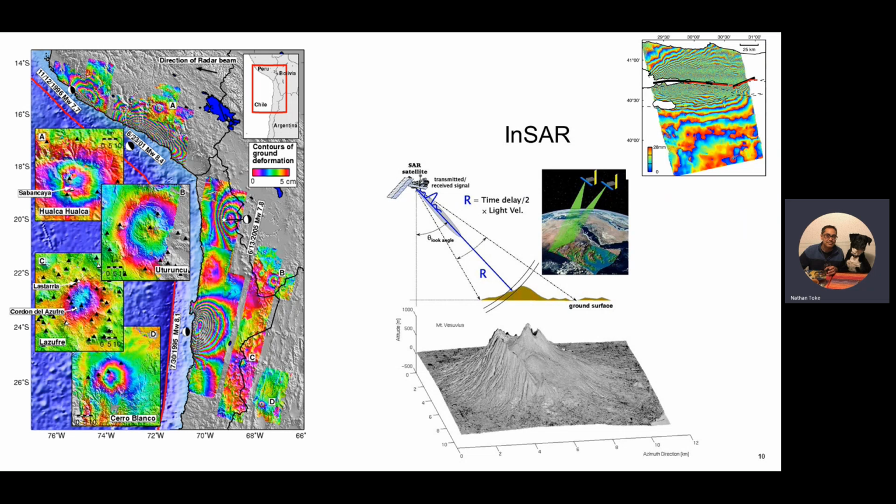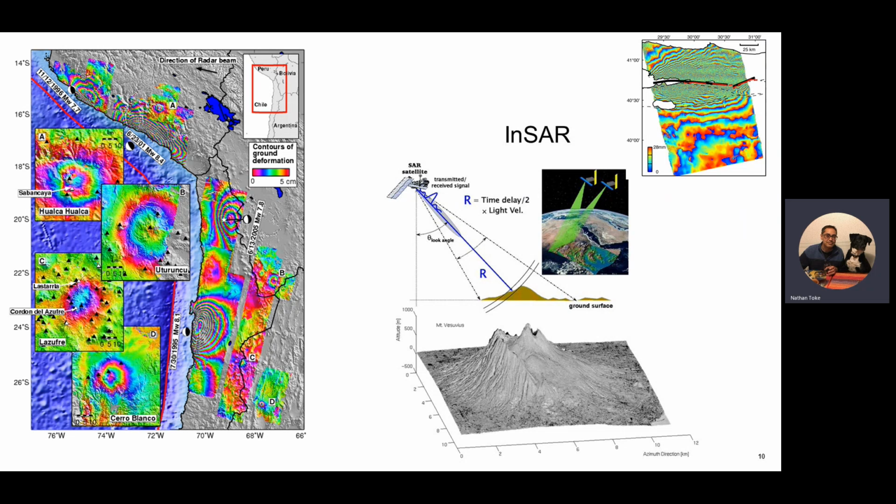It passes over the region with a similar look angle, and if there's any difference in that look angle distance to the ground, it will measure that very precisely. And so we can measure contours of ground deformation by these interferograms.